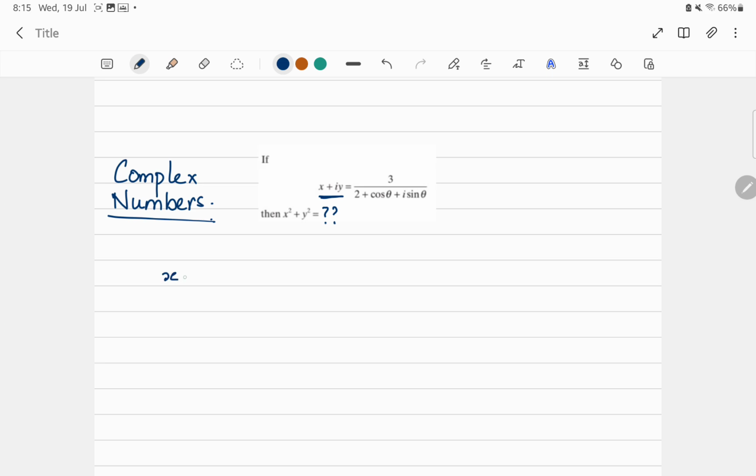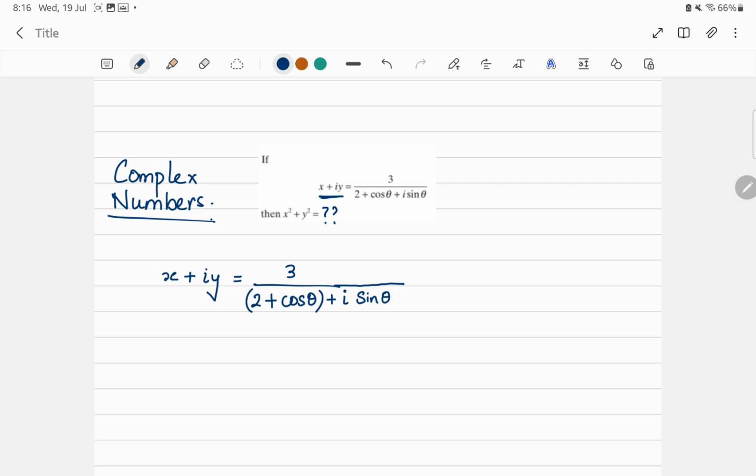So let's start with writing x + iy = 3 over (2 + cos θ) in one bracket, because those are real numbers, that's the real part of the complex number, and i sin θ is the imaginary part.